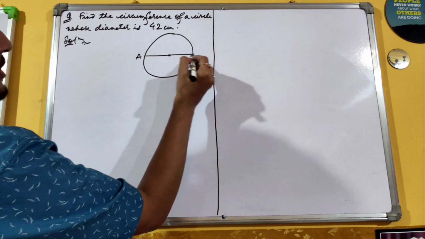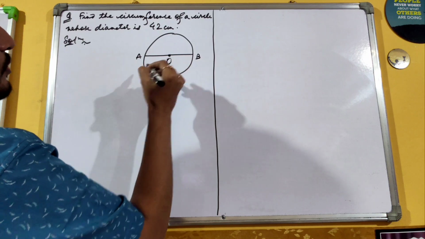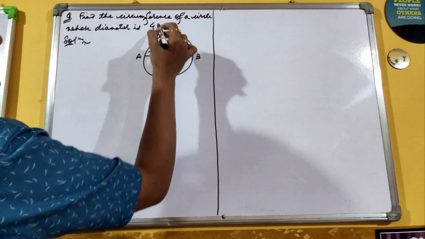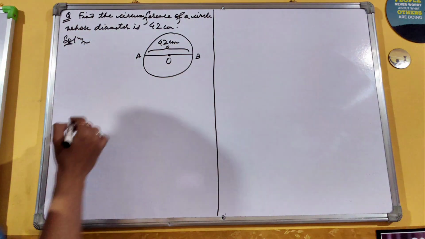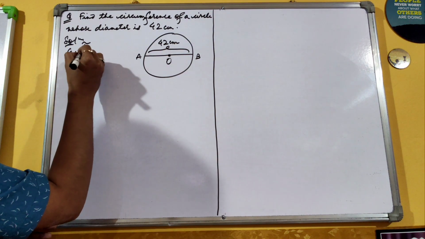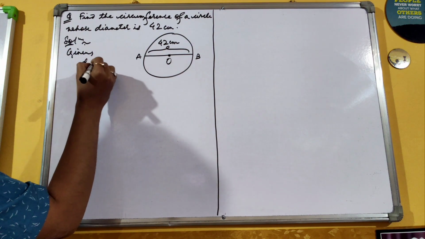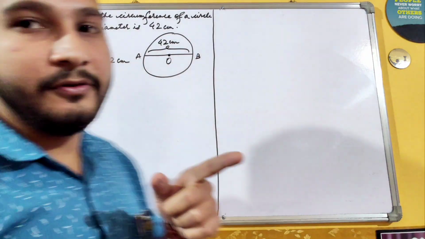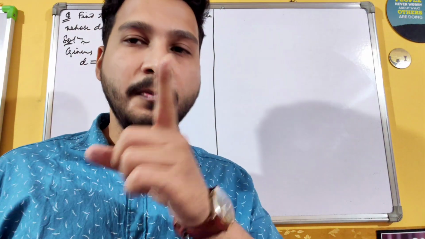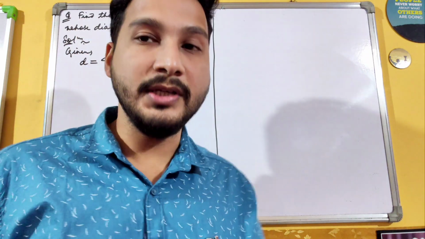So if AB is the diameter, center is O, it's given as 42 centimeter. Given diameter D is equal to 42 centimeter. For finding circumference, the formula is 2 pi r, so we need the radius of the circle.